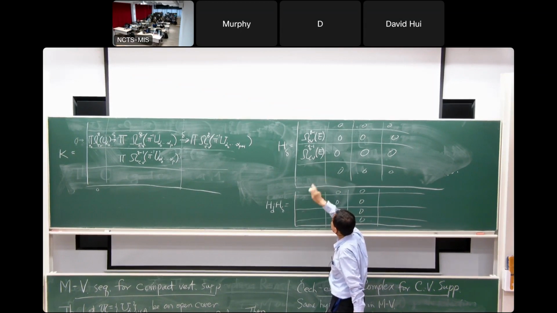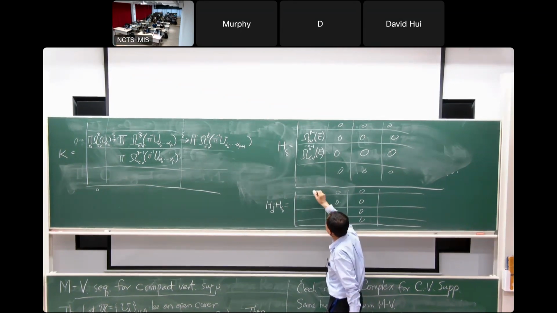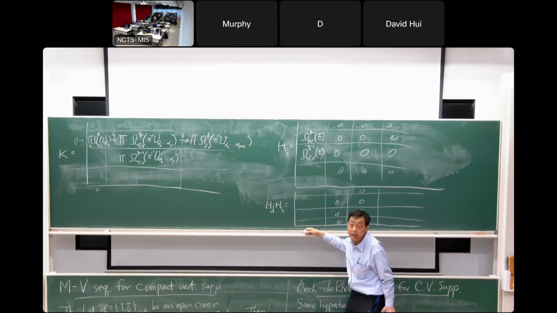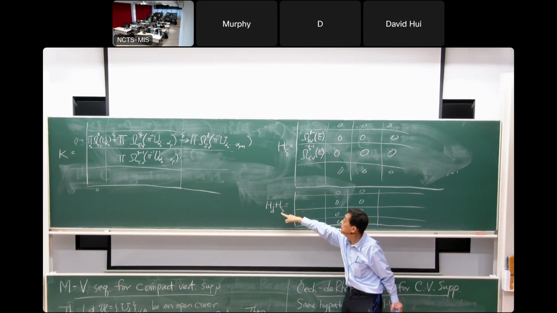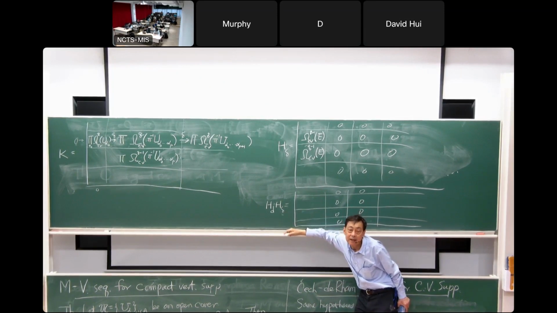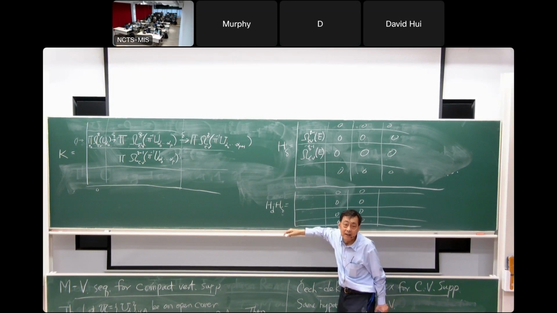You take the cohomology, you'll have non-zero elements only in the 0th column. And what is the 0th column when you take H_D of H_δ?